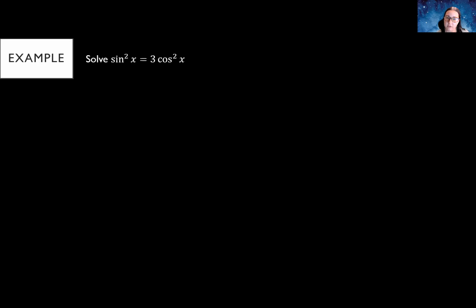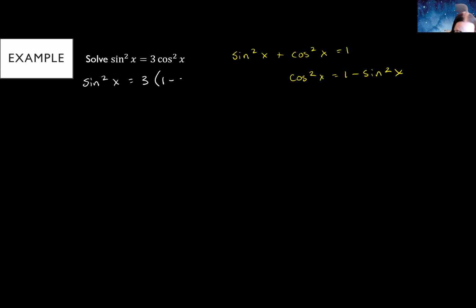So let's convert the cosine to sine. So we're going to use the identity sine squared x plus cosine squared x equals 1. So cosine squared x is 1 minus sine squared x when you solve that. So I'm going to replace cosine squared x with 1 minus sine squared x.